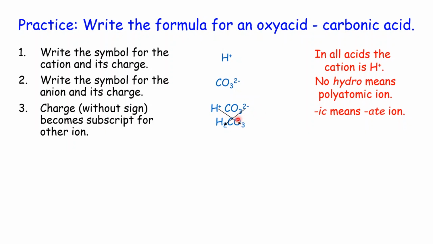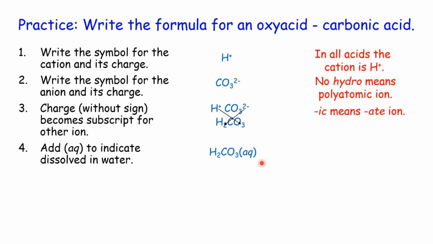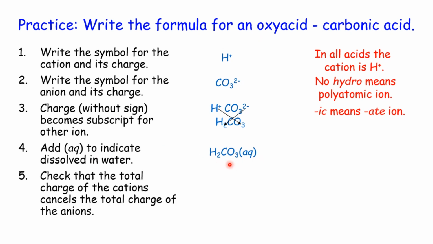And for carbonate, you have just one carbonate, CO3, because the charge for H is 1. Add AQ. So that's it. That's the formula. And then again, you can double check the total charges for the cation and anion. They should cancel each other, so the overall charge for the molecule should be 0.